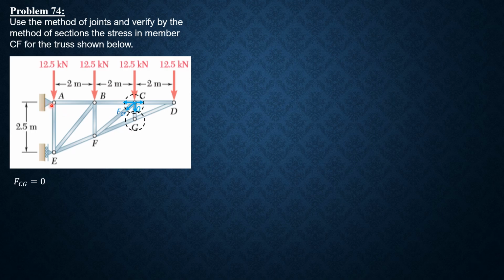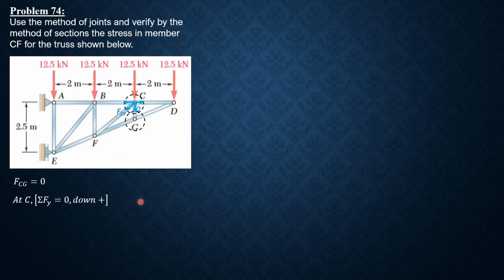Since this is 2.5 and the truss is divided equally into three spaces, the length of CG is 1/3 of 2.5, and the length of BF is 2/3 of 2.5. Now 2/3 of 2.5 is 2 times 2.5 over 3, or 5/3.